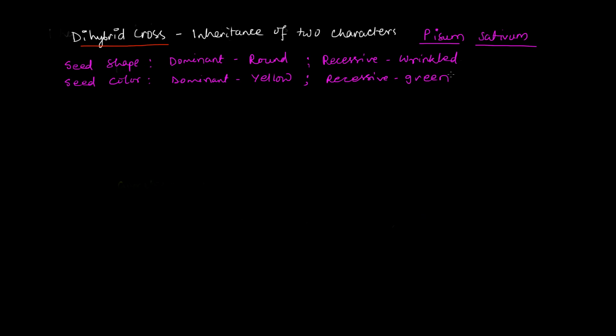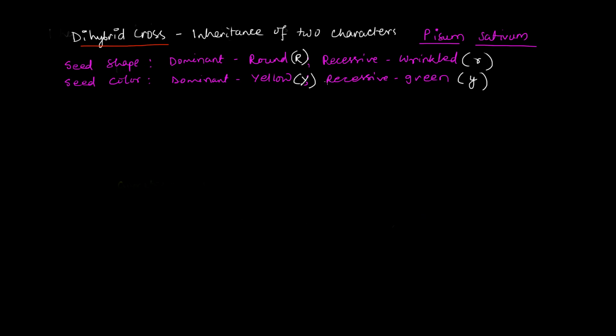Accordingly we have to take the alleles. For the dominant one we are going to have the capital R for seed shape, and for the recessive one small r. Similarly, for the seed color we are going to have the capital Y for the yellow color and small y for the recessive green color.